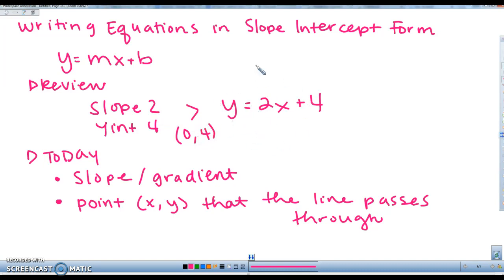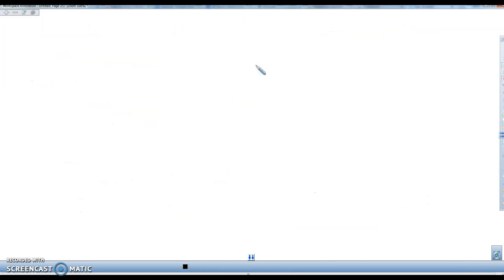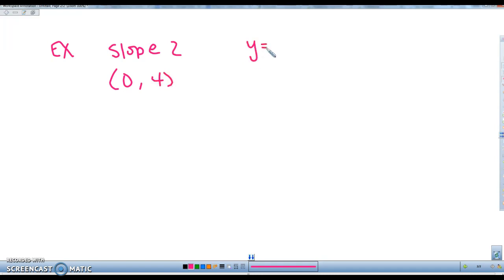In fact, let's try that out. So we have the slope of 2, and it passes through the point (0, 4). So I start with my equation, y equals mx plus b, and I plug in what I know, slope 2. And then I have this point, which is (x, y).